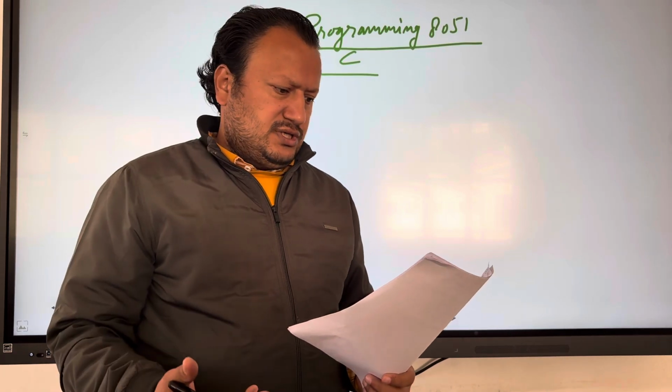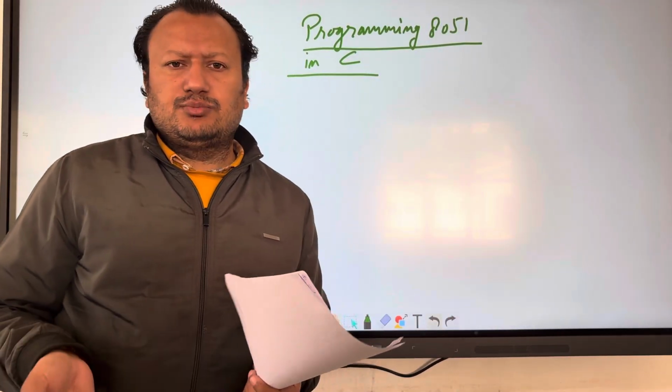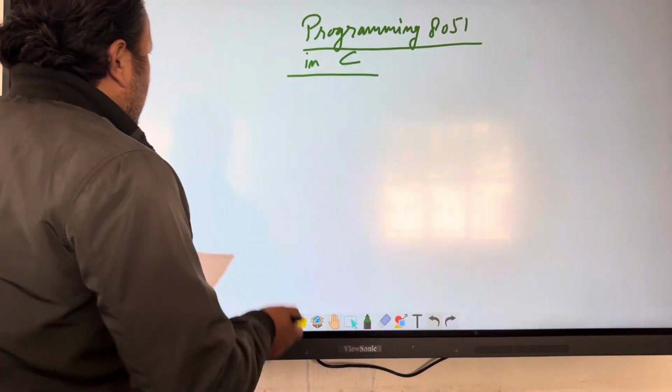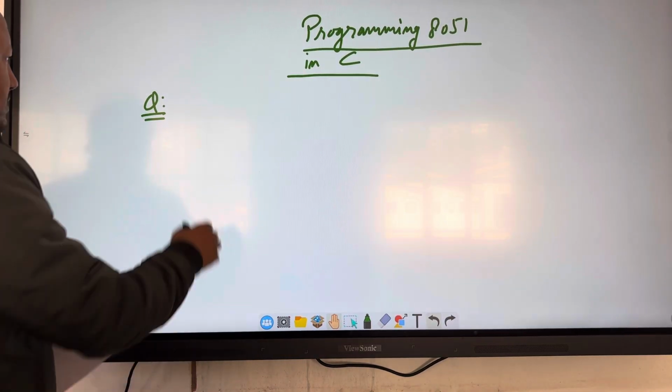So let's start with an example. I'll explain the programming with examples, so that it will be much easier for you to understand. Without wasting time, let's attend some questions.